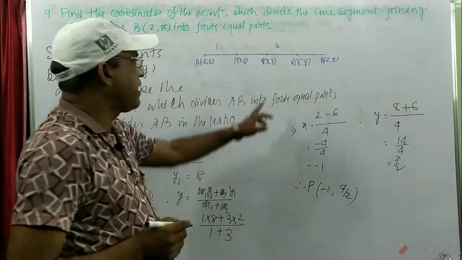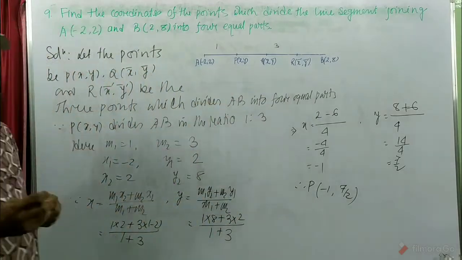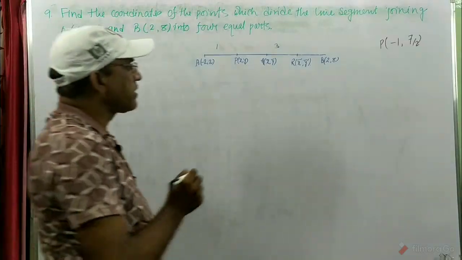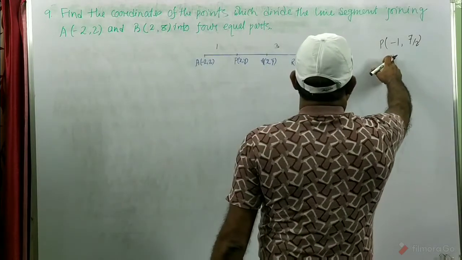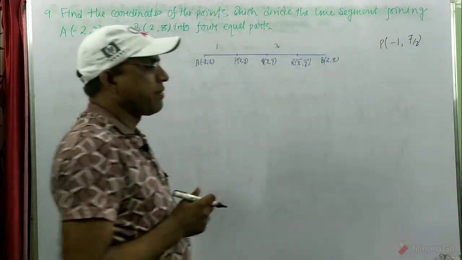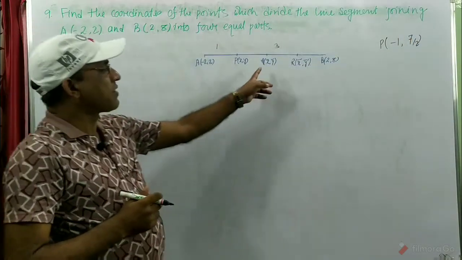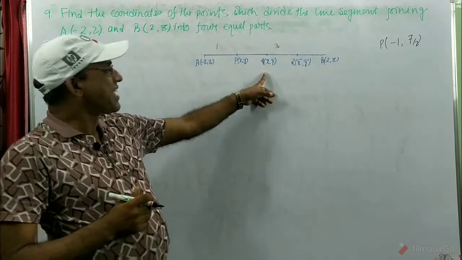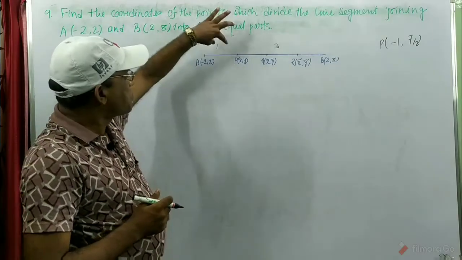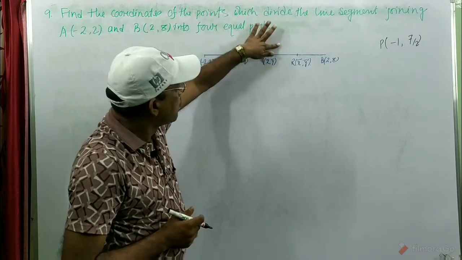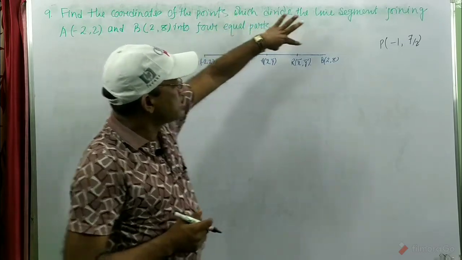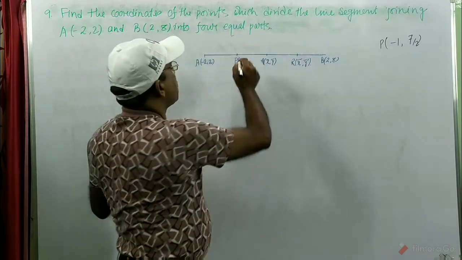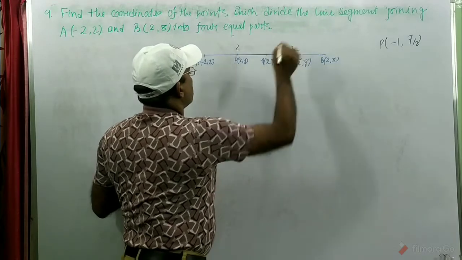Next we want to find Q. So I want to write the point here, P point we get -1, 7 by 2. Next our target is to find Q. Q is the middle point. This is 2, this is 2. That means Q divides 2:2.